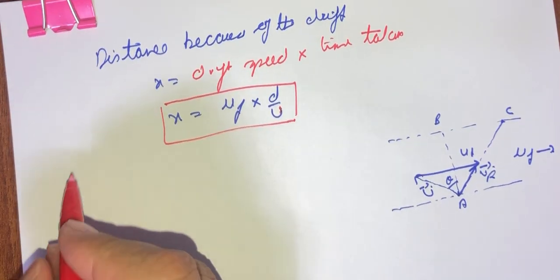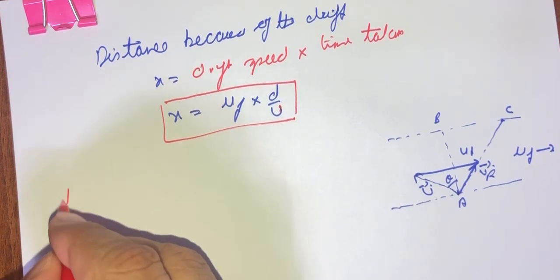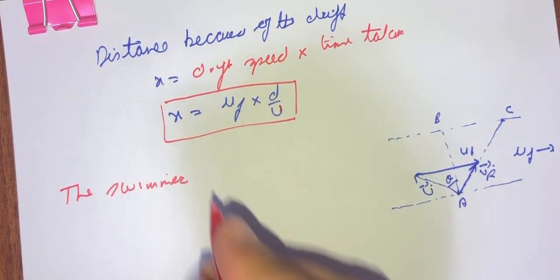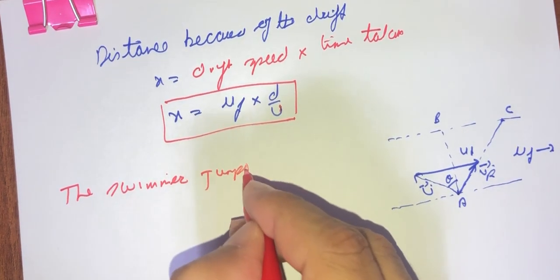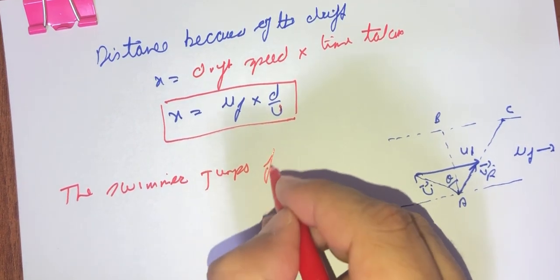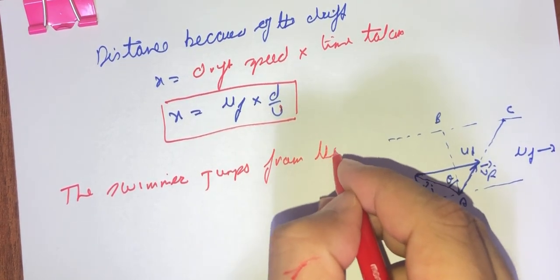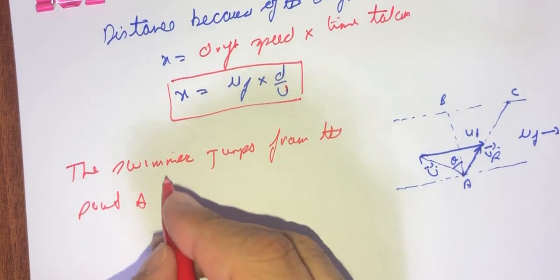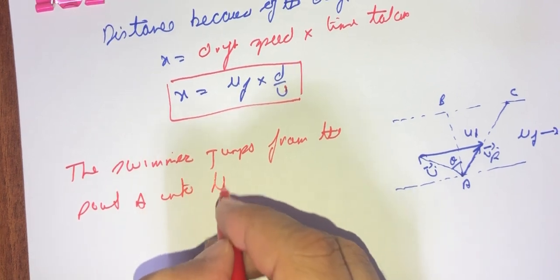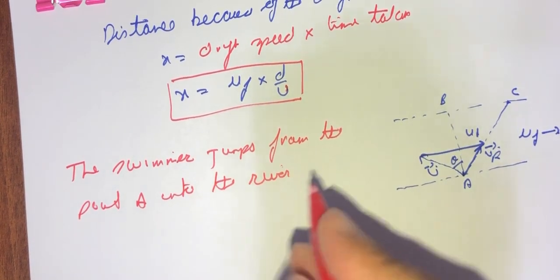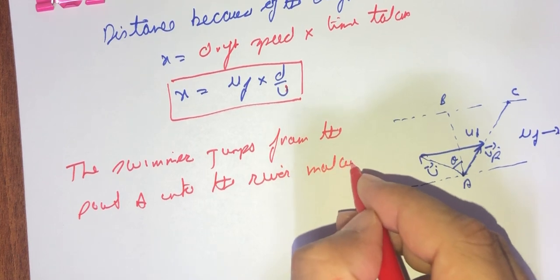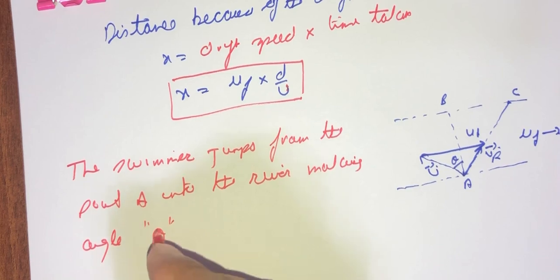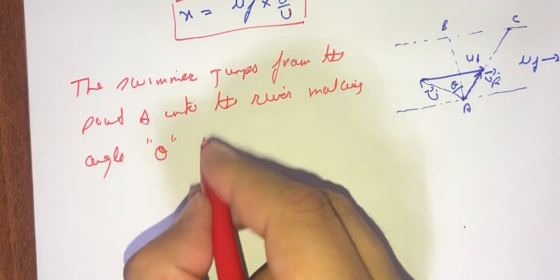So in this case also, let us write this same thing here. The swimmer jumps from the point A into the river, making angle theta with the vertical.